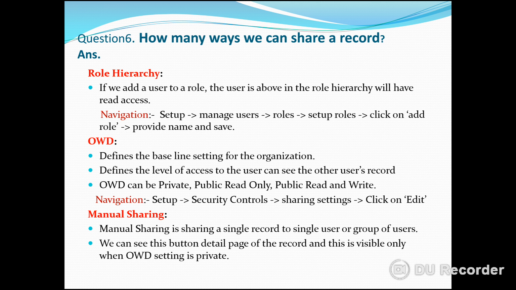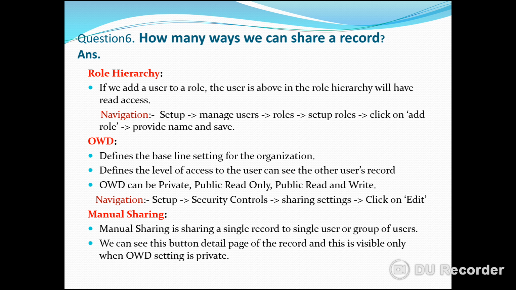So here navigation: setup, security controls, sharing settings, click on edit. And manual sharing is sharing a single record to a single user or a group of users. We can see this button on the detail page of the record, and it is visible only when the OWD setting is private.